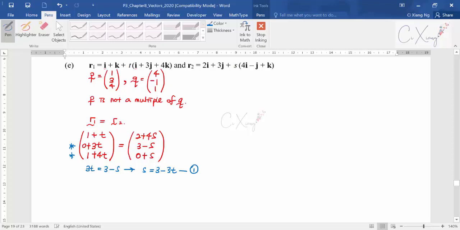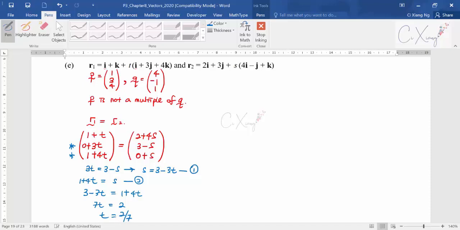For the second equation, I'm having 1 plus 4T equals to 0 plus S, which is S. So 3 minus 3T equals to 1 plus 4T. So you should have 7T equals to 2, so your T is equals to 2 over 7.